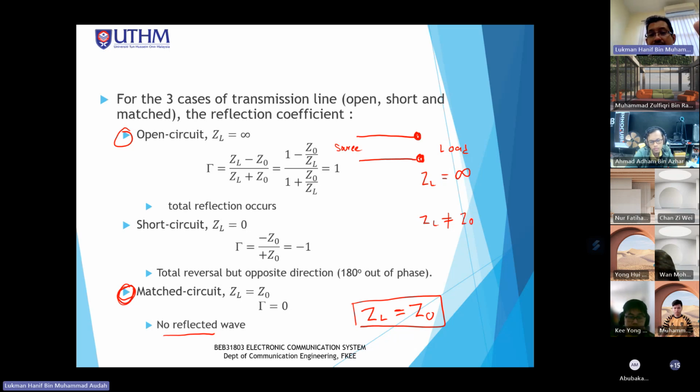If you do the calculation, the reflection coefficient is equal to load impedance minus characteristic impedance, divided by load impedance plus characteristic impedance. You're going to get equal to 1. If equal to 1, that means total reflection occurs.